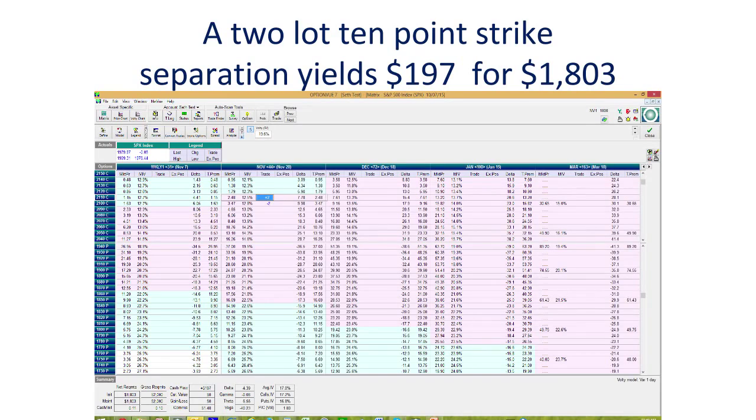You'd be paid $197 and actually only eat up $1,803 in capital. So you'd have more credit using less capital by going with the higher return combination, which is the short strike 10 points as opposed to 20 points away from the long strike.